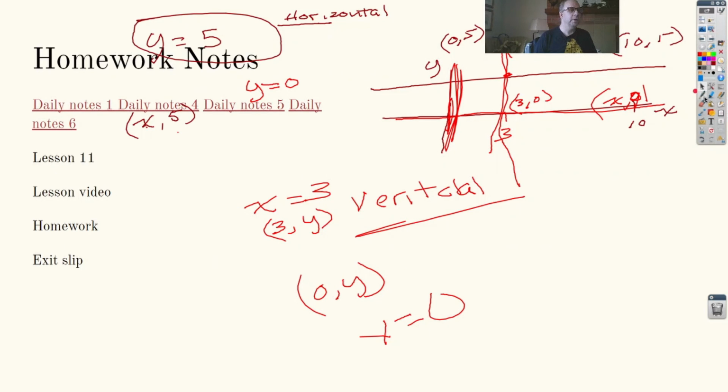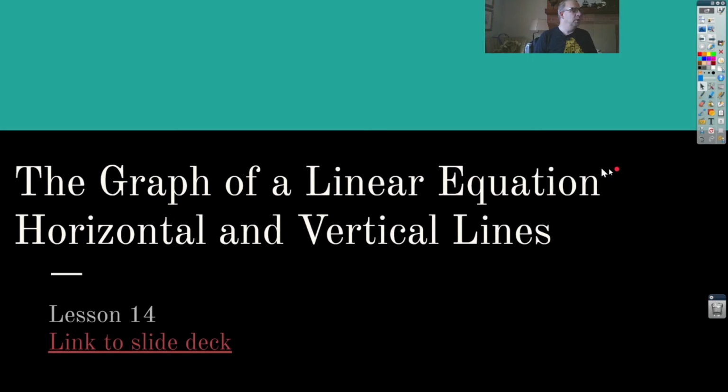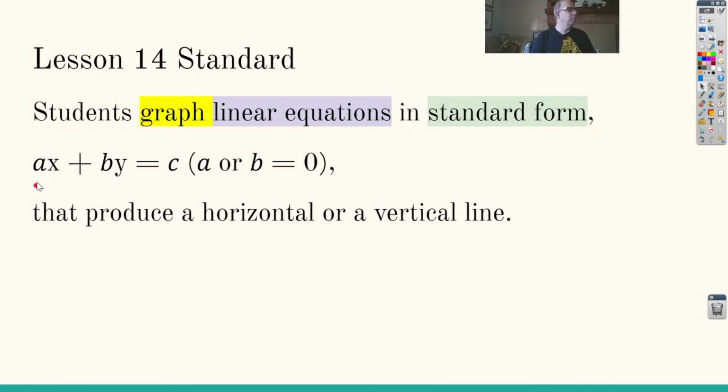Okay, so that is lesson 14. Do your homework. We learned about linear equations on horizontal and vertical lines. So when you graph them in the standard equation, ax plus by equals c, when a or b is 0. So if a is 0, x is gone, we have y equals c.